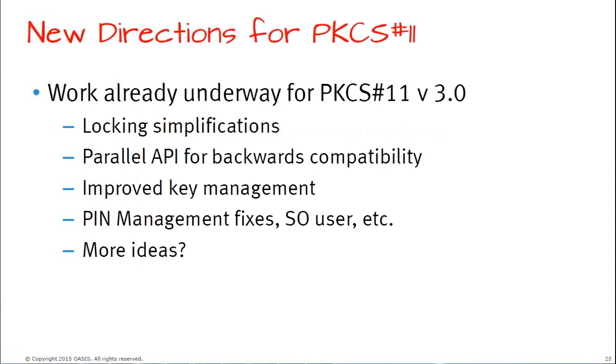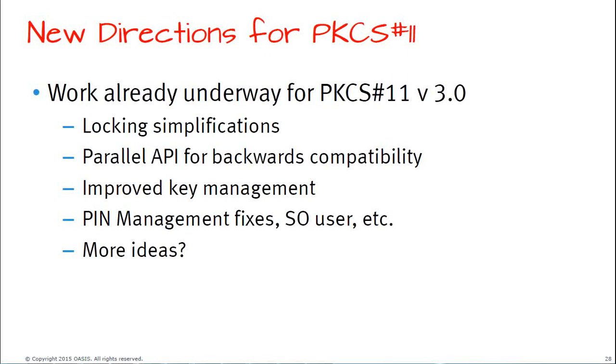So hence version 3.0. We're looking at more simplifications. The API over the last 20 years has become quite complicated, and there is a lot of overhead that you have to do with initialize, get slot lists, get mechanism lists, before you can even think about doing an encryption operation or a simple digest.